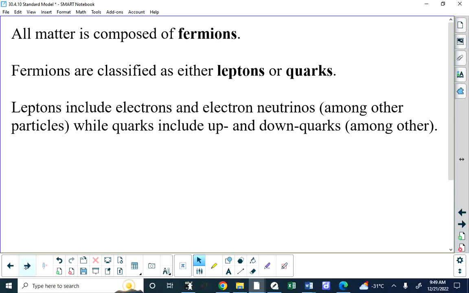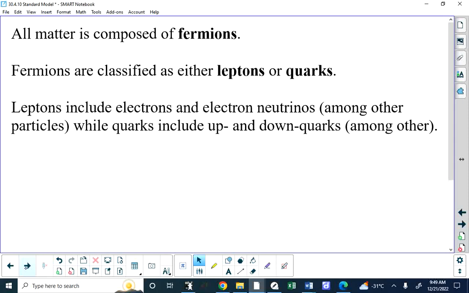Two examples of leptons are what we call the electron. That's the same electron we've been talking about for years in your education. An electron is a lepton. An electron is a fermion because leptons are fermions.